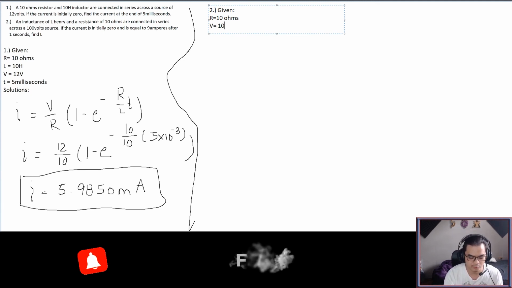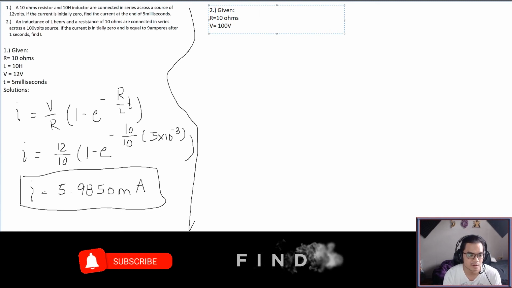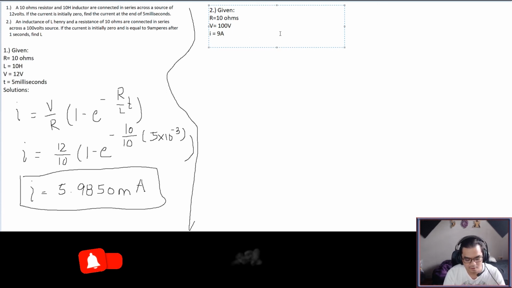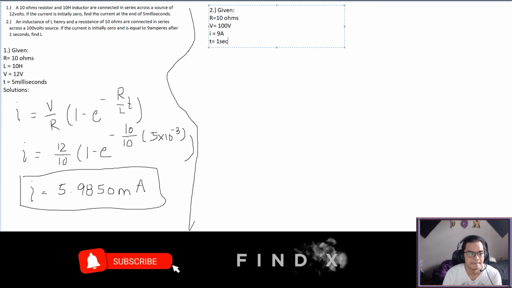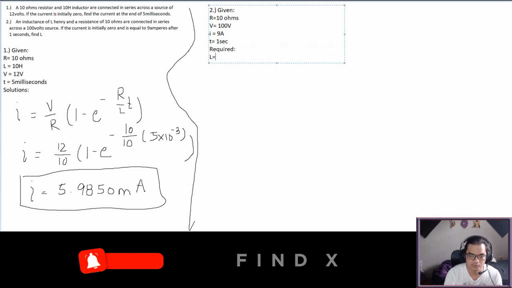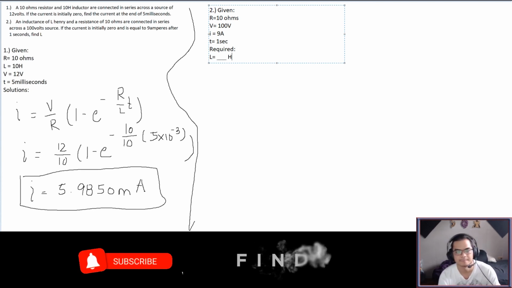So V must be equal to 100 volts. If the current is initially 0 and is equal to 9 amperes after 1 second, so I must be equal to 9 amperes and T must be equal to 1 second. Find L. So now we are required to find the value of L, which must be in Henry.